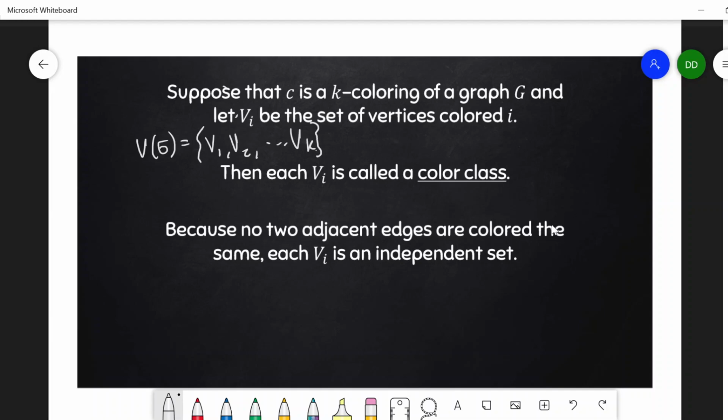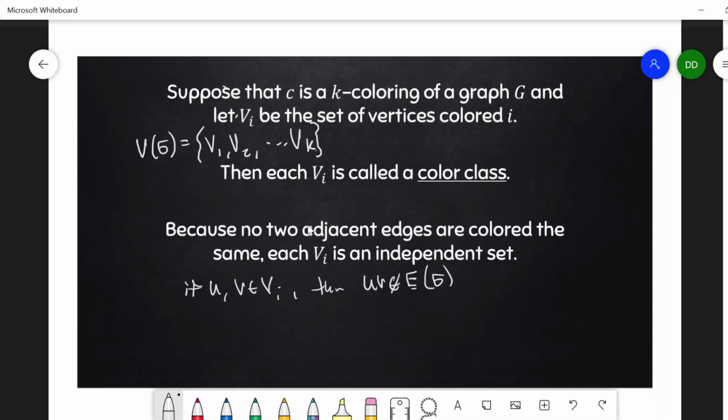Each of these is a color class, in which no two adjacent vertices are colored the same. So that means that if U and V are both vertices in V sub i, in one of these color classes, then UV can't be an edge of the graph, right?